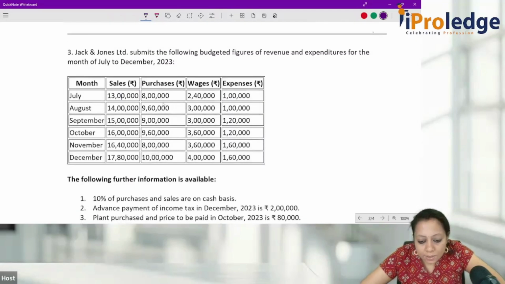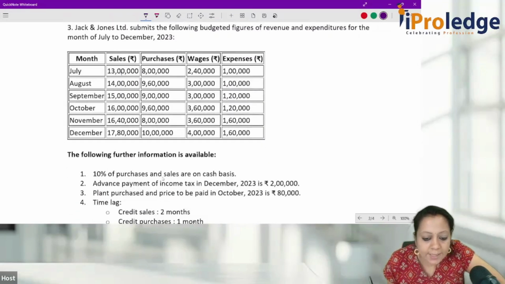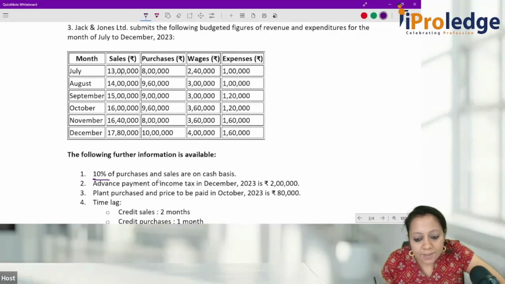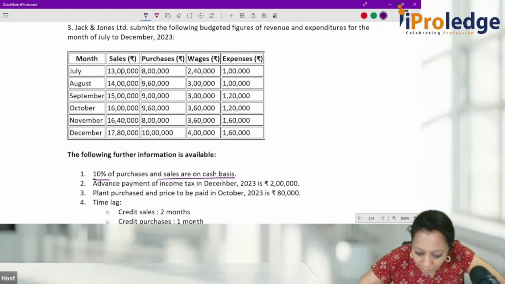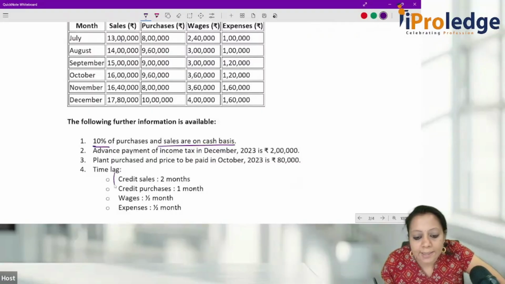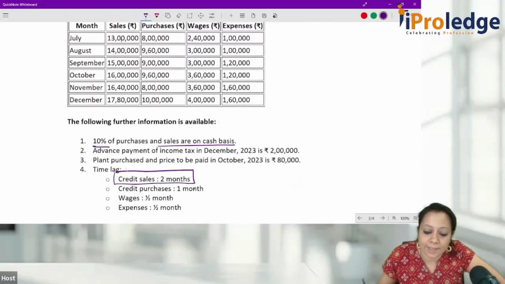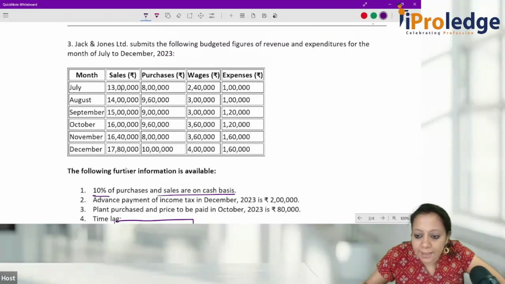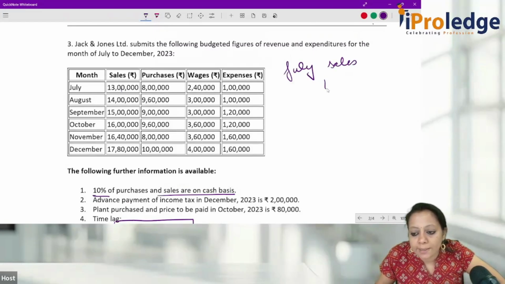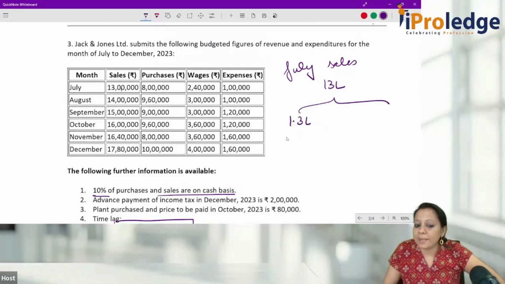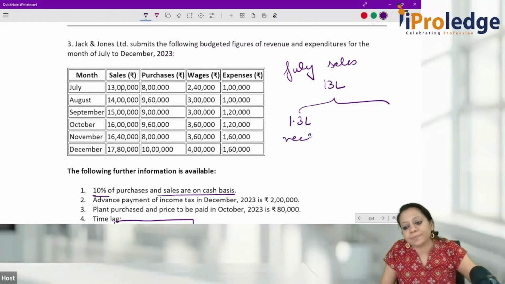So, what they said about sales. First, I will underline 10% of sales are on cash basis. Also, credit sales, there is 2 months lag. Wonderful, ma'am. So, now let us say July month sales is going to be what? 13 lakhs. Out of that, 1.3 lakhs will be received in July itself.